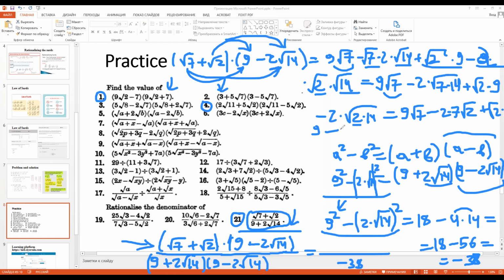It means you can take the 2 out of the root. And what you will have under the square root is 7.